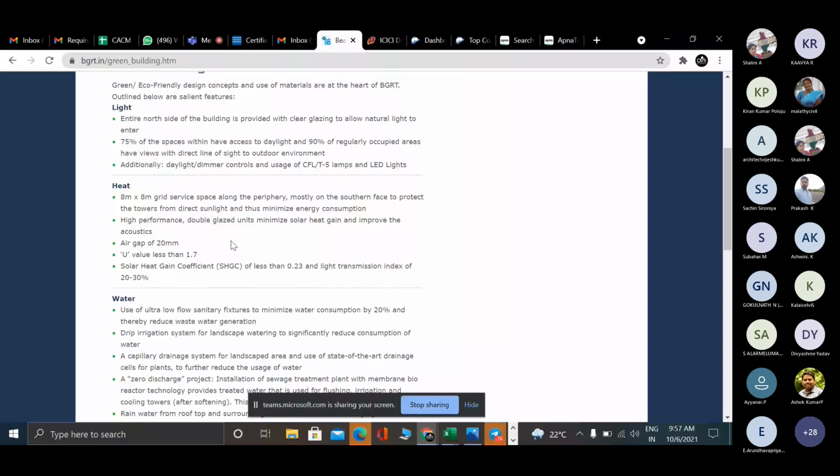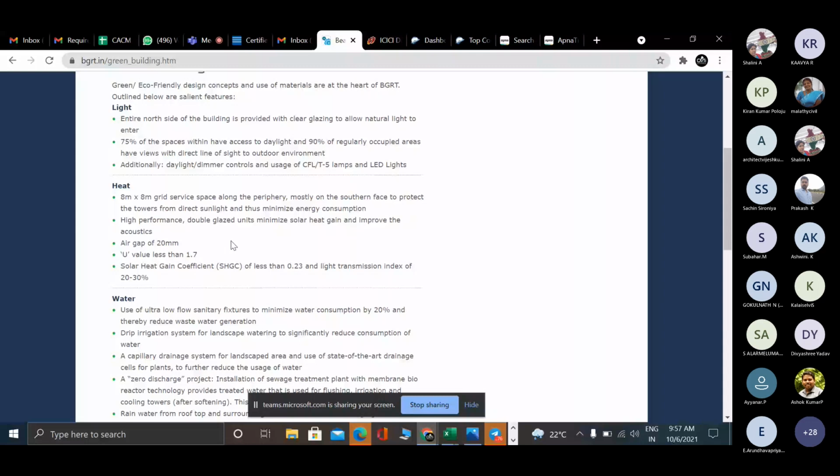The air gap is less than 1 inch, around 3/4 of an inch. That much gap they have between the glasses. So whatever heat is getting generated, the AC load required for the building is very less compared to other buildings. And the U value of the glass is also very less. U value should be very less.